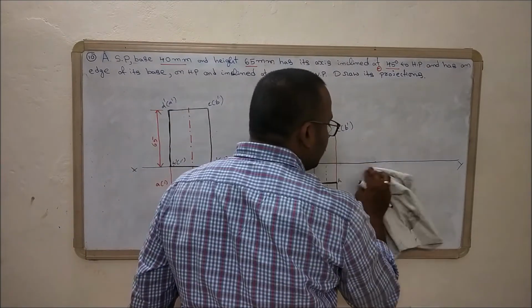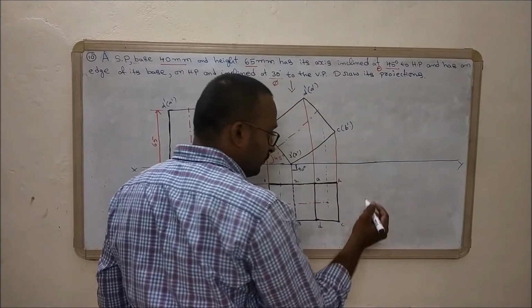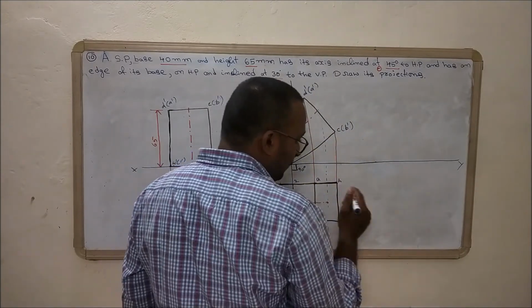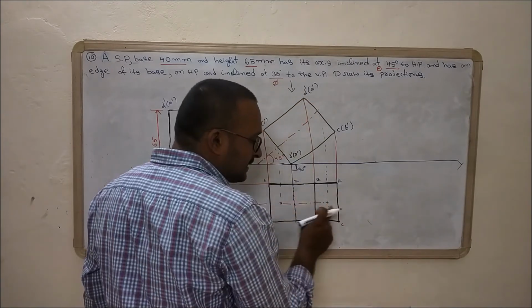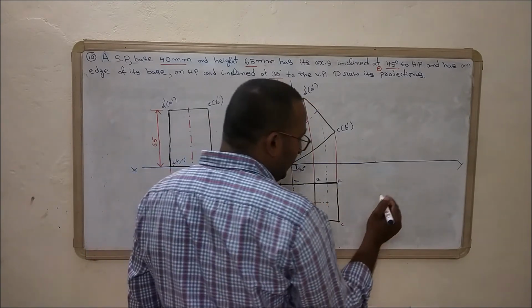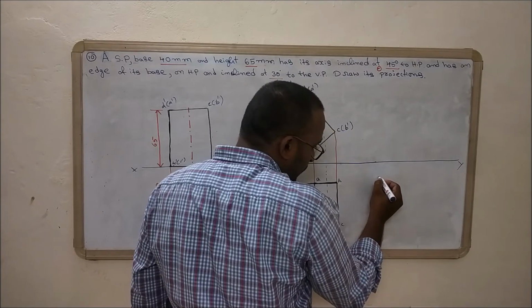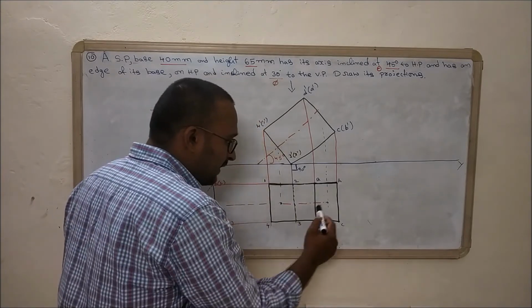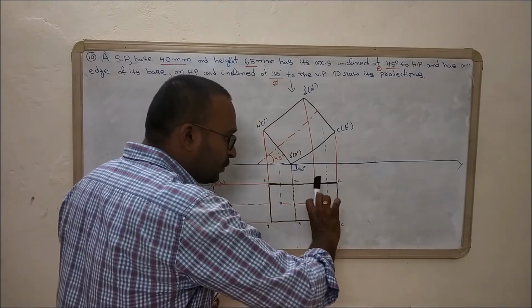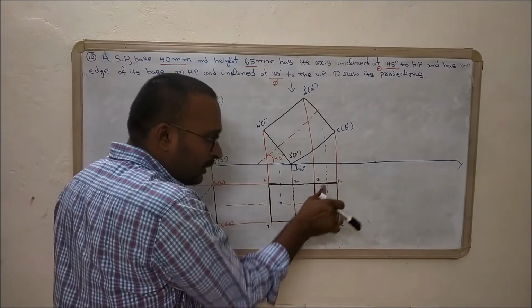So here I am going to rotate it about 30 degrees, that is the base edge is about 30 degrees. Automatically this center axis will be 60 degrees to the VP. So initially I am going to start with the ABCD line rotated at an angle of 45 degrees.